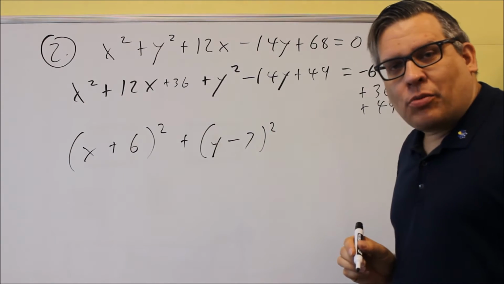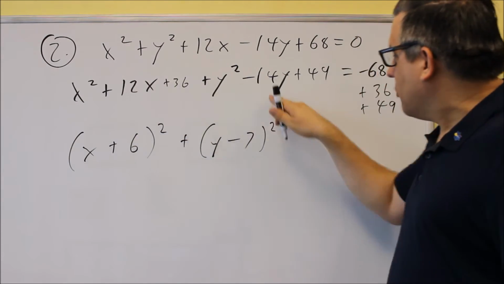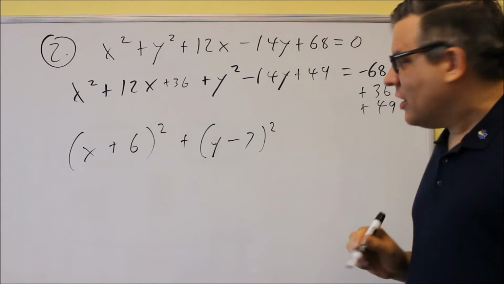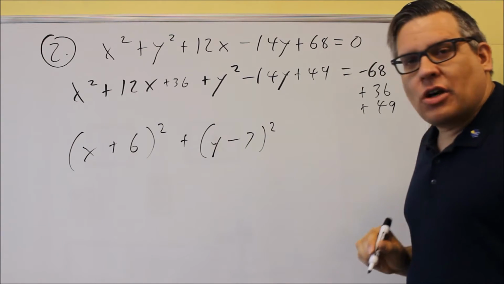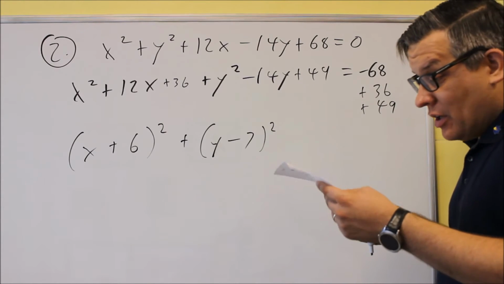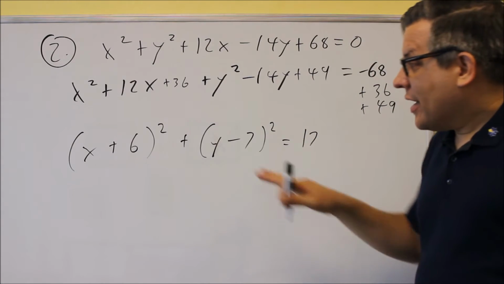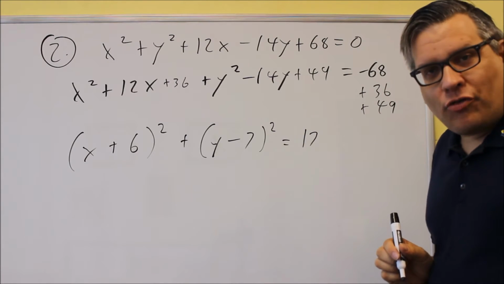That's the number that goes inside the parentheses there. So automatically that's going to work every time. Half of this term is the number that goes inside there. Then all we have to do is add all this up on the other side. So if I add all that together, then what we end up getting is 17. Okay. Now we've actually put this in the proper form.